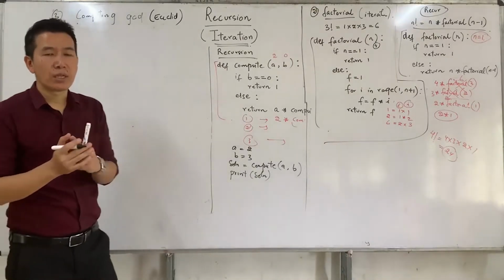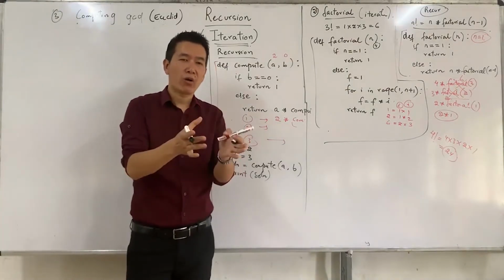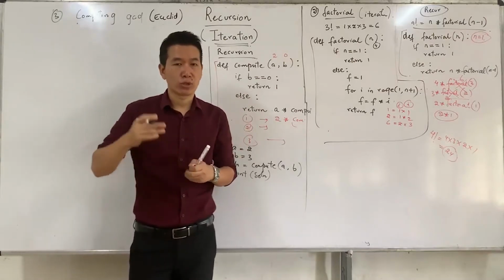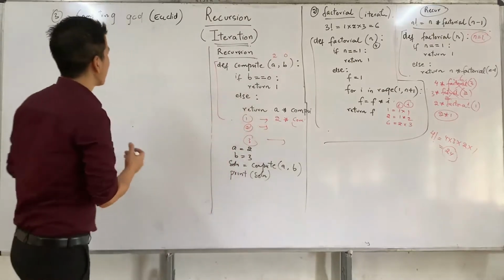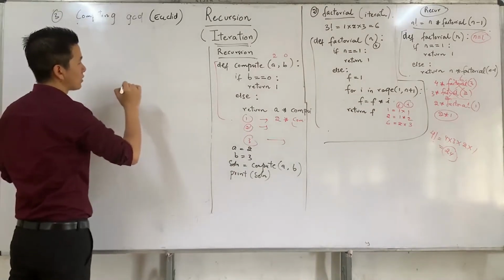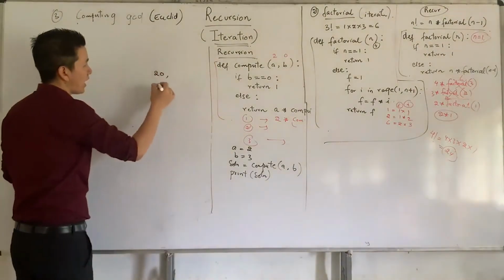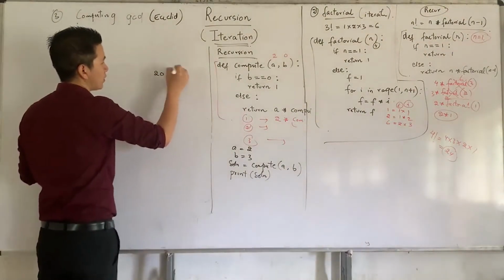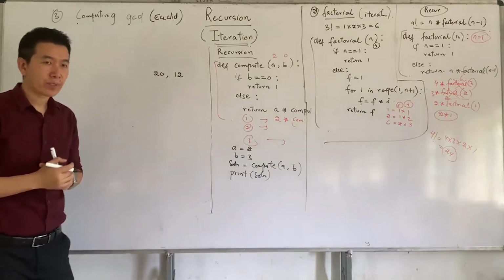Okay, so first let us try to understand the algorithm. Algorithm means the logical sequence of steps in order to carry out a specific operation. So that's what we actually call the algorithm. So let's say we have two numbers being 20 and 12.